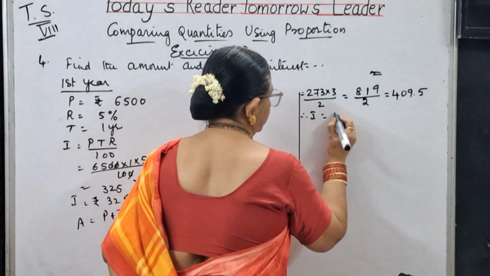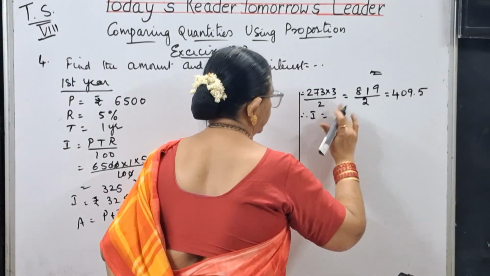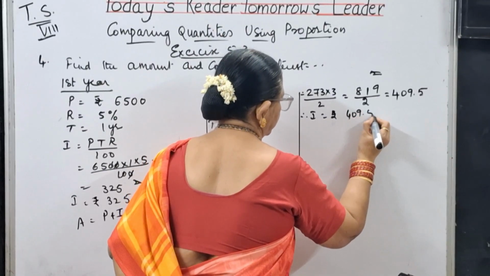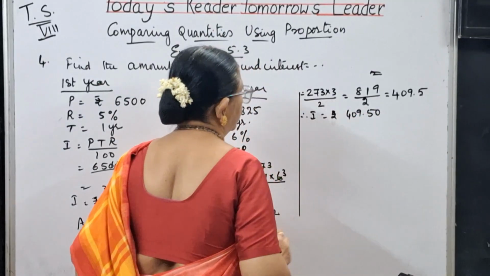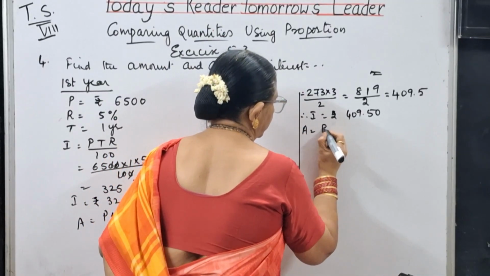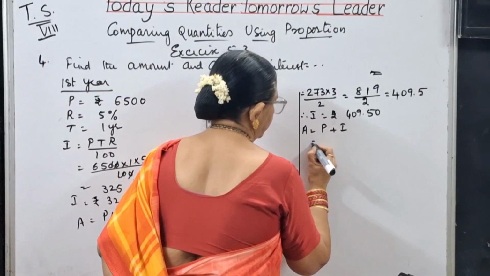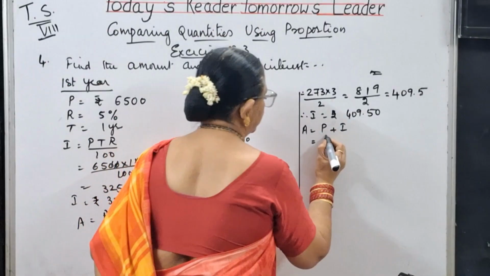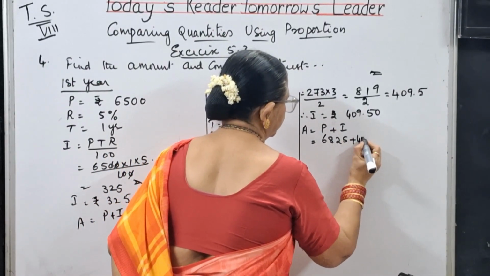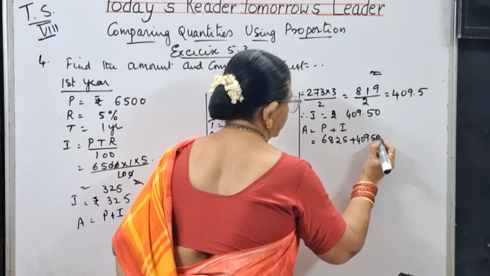Therefore, interest is equal to rupees 409 50 paisa. 409 rupees 50 paisa. So what is amount? Amount is P plus I. So what is P, children? 6825 plus 409.50.